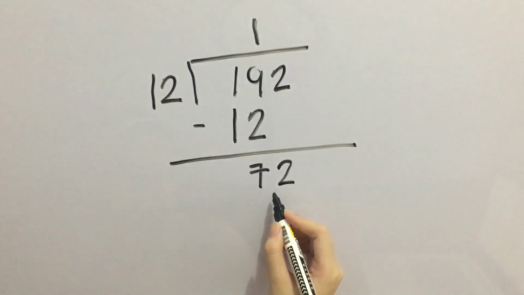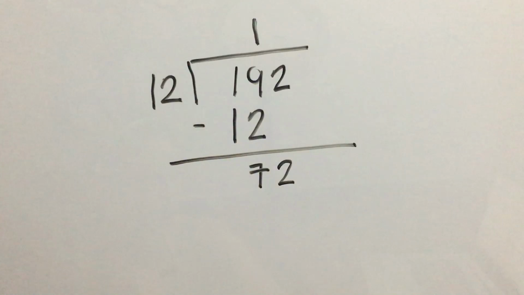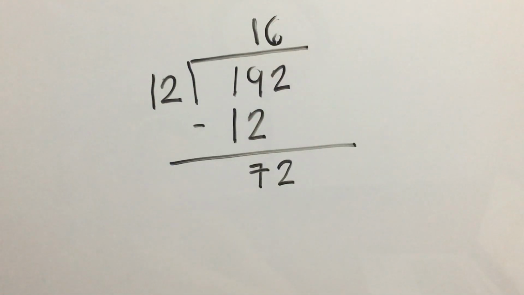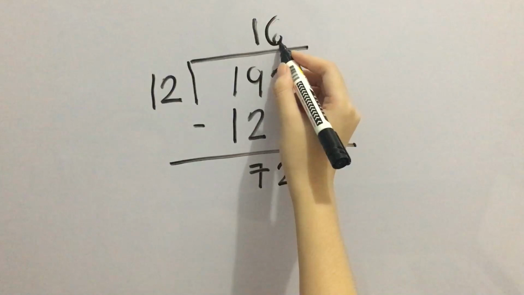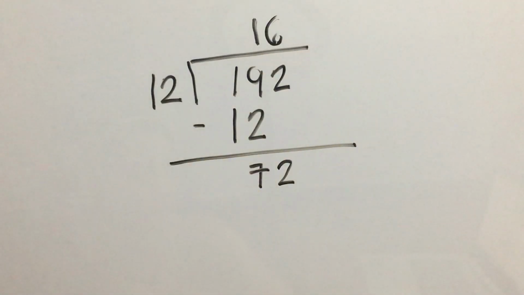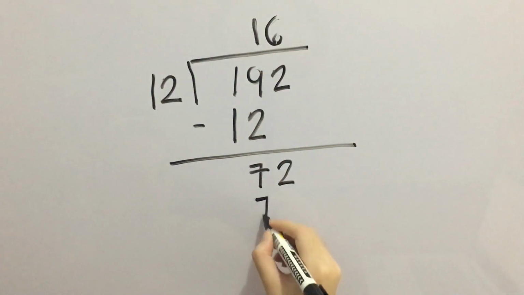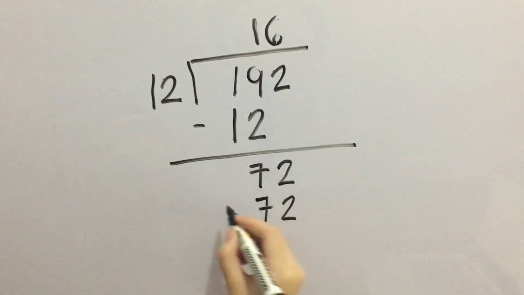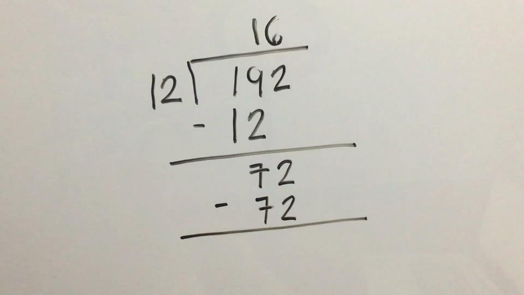Divide 72 divided by 12 equals 6. Put 6 in the quotient over the ones place. Multiply 6 times 12 equals 72. Subtract 72 minus 72 equals 0. That means we have no remainder.